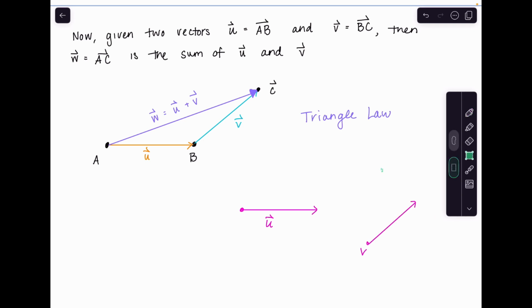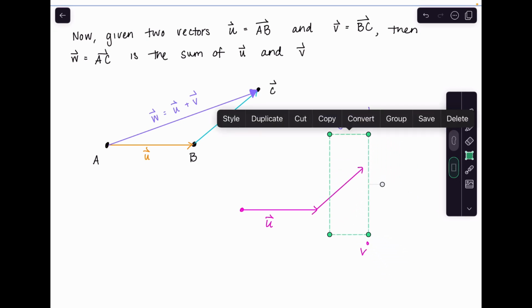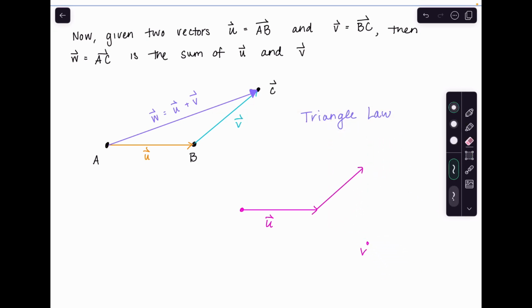What you're going to do is take one and plop it at the tail end of the other. And so here is vector V, and then you create a triangle out of them, and here is the vector U plus V. Okay, so that's one way you can go about adding vectors together visually.